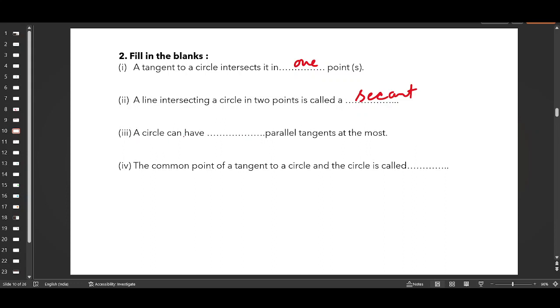Now come to the third question. A circle can have at the most how many parallel tangents? A circle can have 2 parallel tangents at the most.